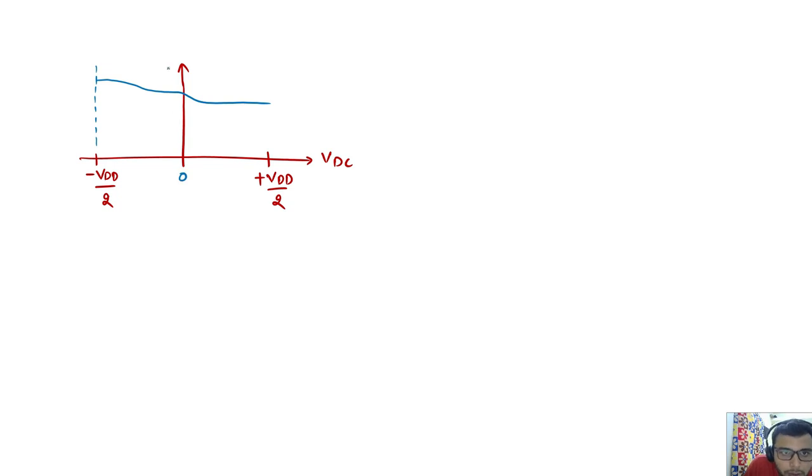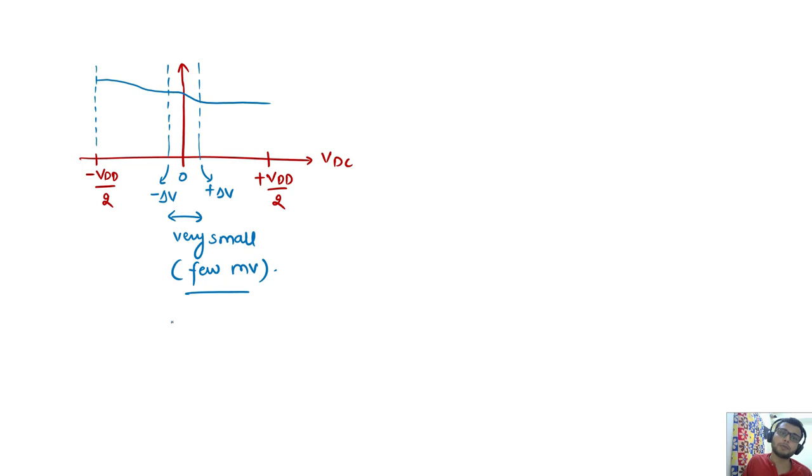This is my zero, and this potential, let me call it minus del V, a few millivolts, and this is some plus del V area. Overall this is very small, a few millivolts. In this few millivolt region, Vy is not changing much, because every voltage is controlled by the current overall.